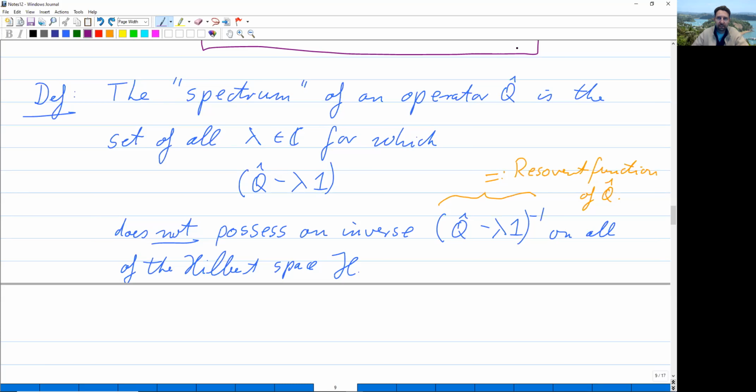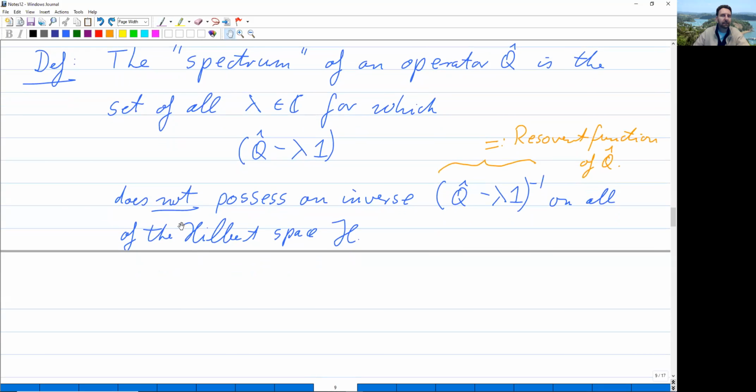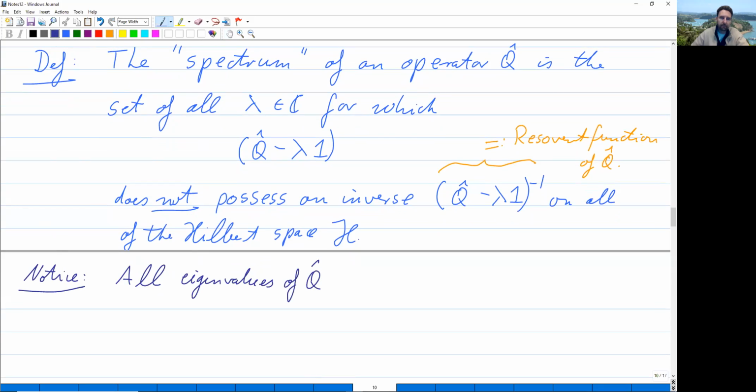So we'll proceed here very carefully to make sure we are not missing something important. First of all, we notice that this definition includes all eigenvalues of Q hat as defined previously.